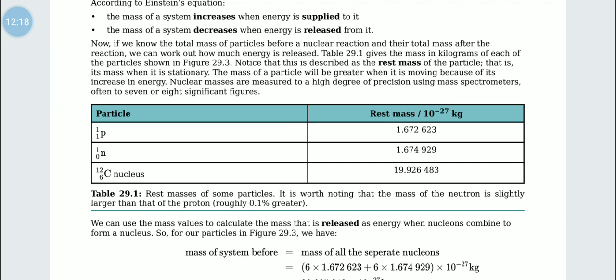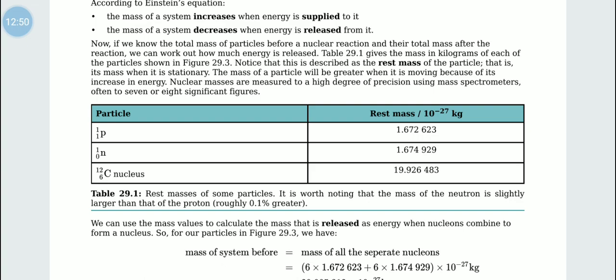As you can see, the rest mass they have given is 1.672623 for the proton, 1.674929 for the neutron, and the C12 nucleus would be 19.926483. These values are given in kilograms, and they are considered to be rest mass. That is the mass when it is stationary.